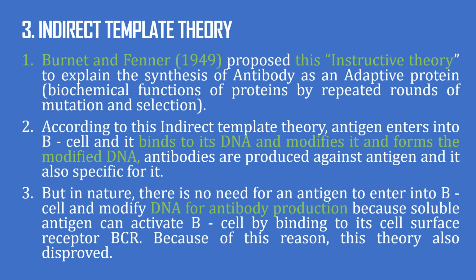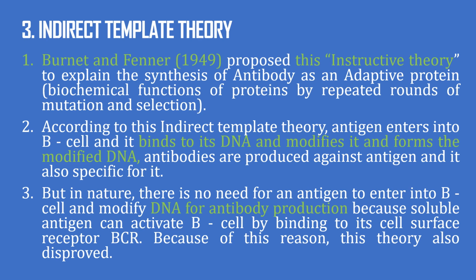Indirect template theory. Burnet and Fenner in 1949 proposed this instructive theory to explain the synthesis of antibody as an adaptive protein. According to this theory, the antigen enters the B cell, binds to the DNA and modifies it, forming modified DNA.